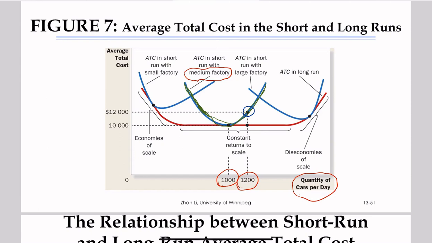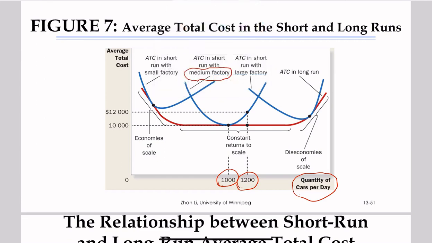Now, think about what would happen in the long run. Well, in the long run, obviously, the firm can actually expand its factory. So the firm will be able to do better in the long run. What does the word do better mean here? It basically means that in the long run, the firm will be able to reduce the cost from $12,000, right? So the cost will be lower in the long run.